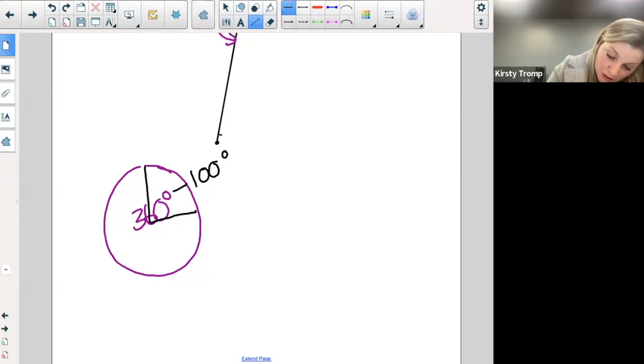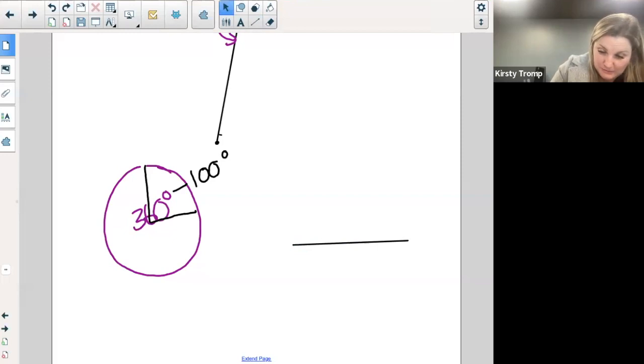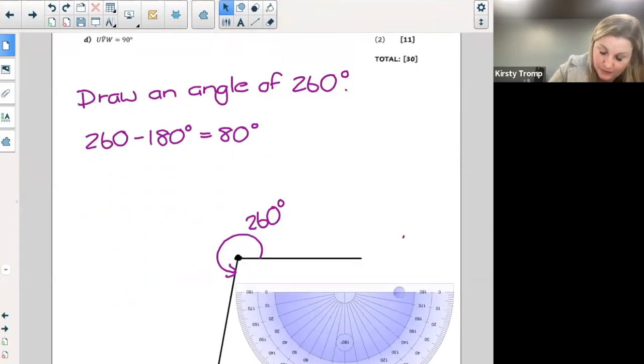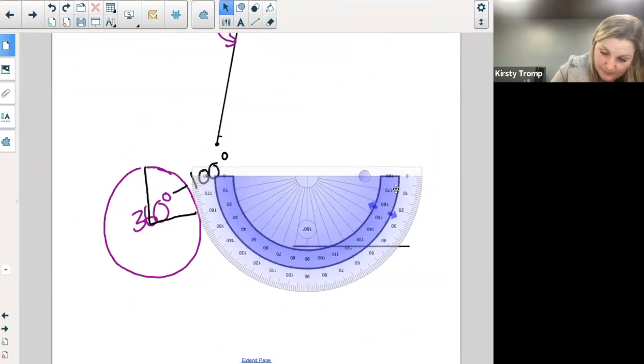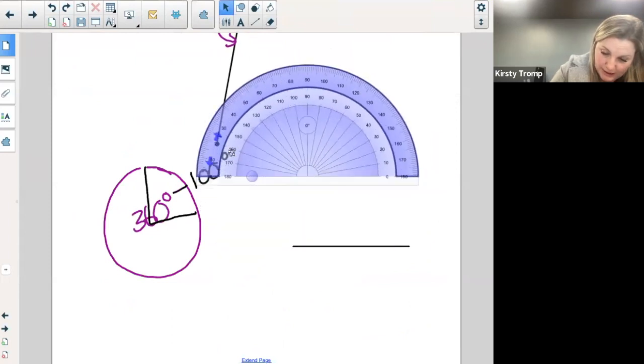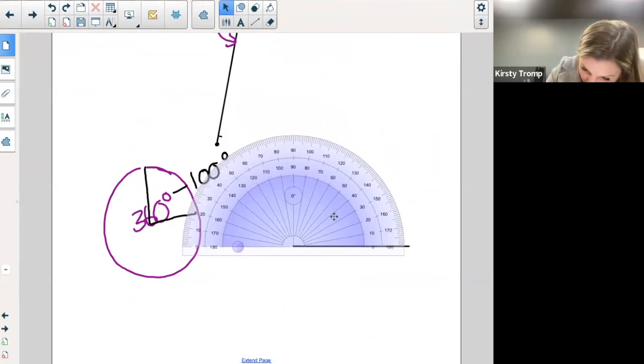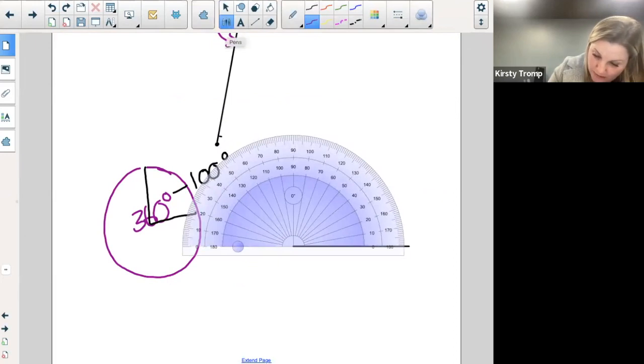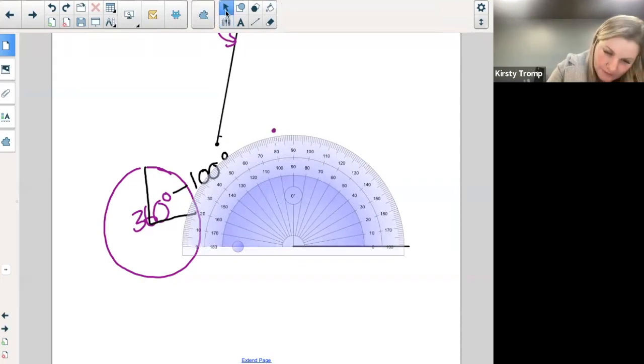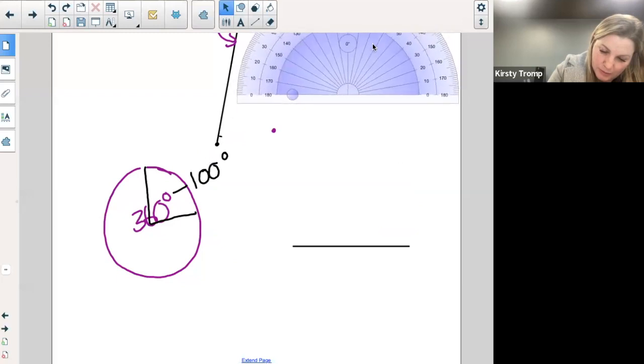So you can draw a line. We're going to fetch our protractor, and we're going to flick him over like this. We're going to use the edge of our line this time, and we're going to measure from 0, on the inside, all the way to 100, which is over there. Move our protractor out the way.